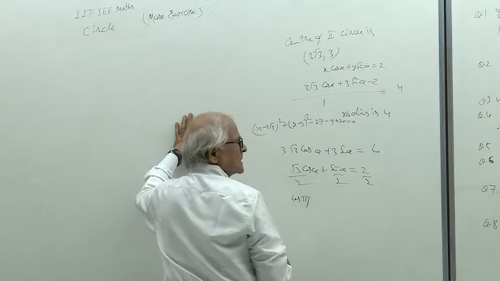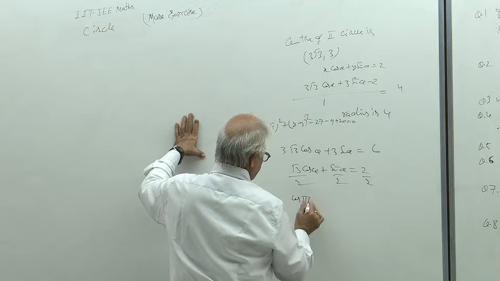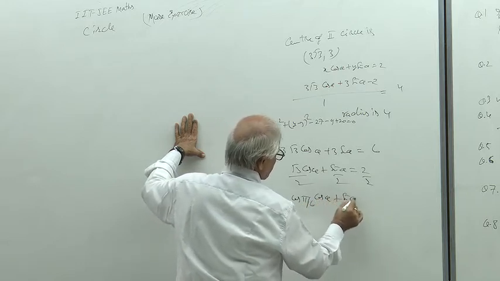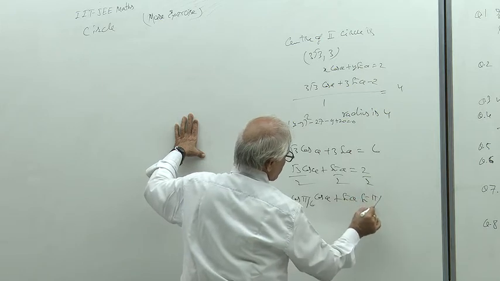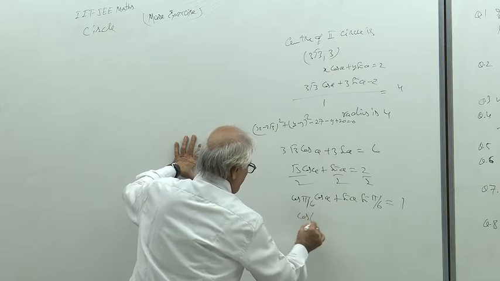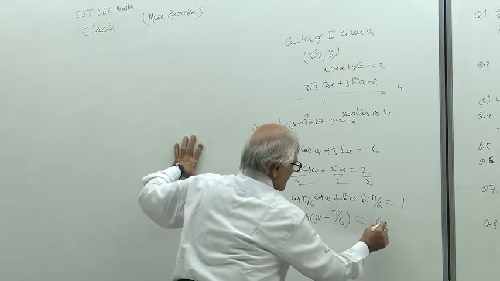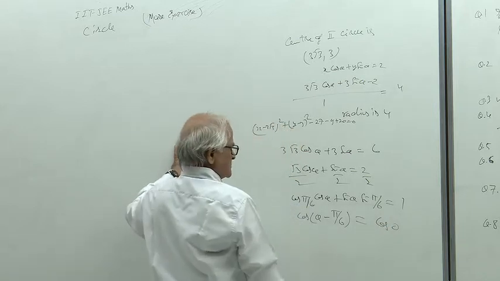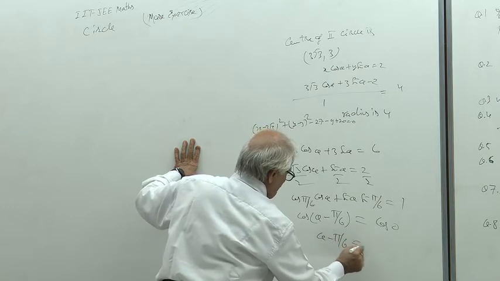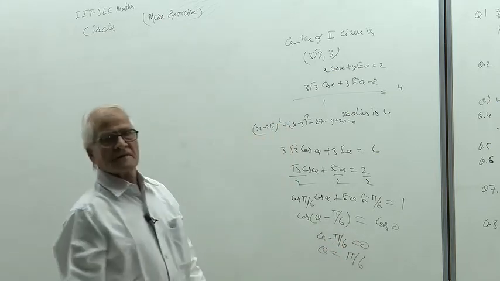This is the value of root 3 by 2, sin 30. Cos theta cos 30 plus sin theta sin 30, now this is 1. Now this is cos of theta minus pi by 6. Here we get 1 is equal to cos 0. So theta minus pi by 6 is equal to 0. Theta is equal to pi by 6. This is the required answer.